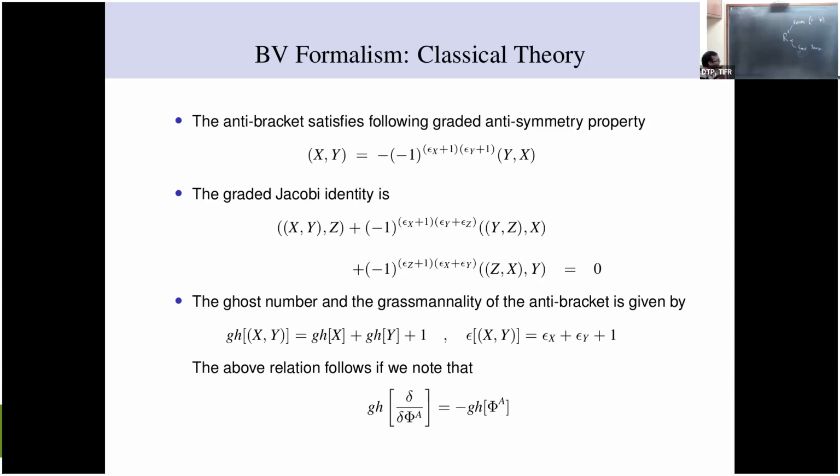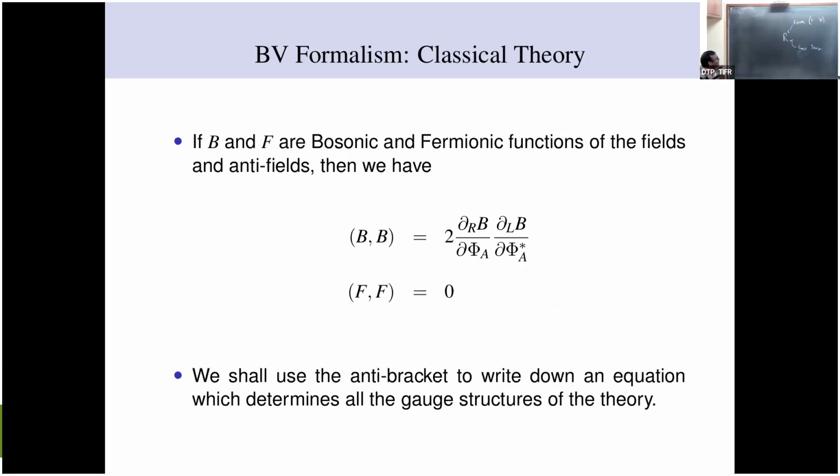And the parity of this anti-bracket is also 1, so the parity of the anti-bracket is parity of X plus parity of Y plus 1. Now suppose B and F are some bosonic and fermionic functions of the field and anti-field. You can show that if B is bosonic, it takes this simple form: the two terms just add up and you get a factor of 2. But for fermionic, it vanishes.